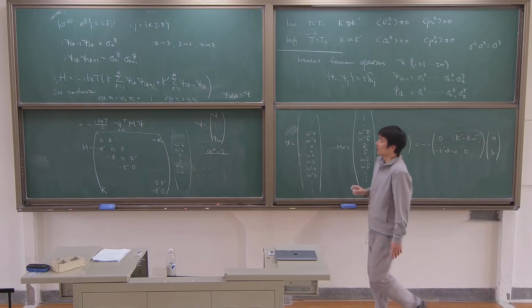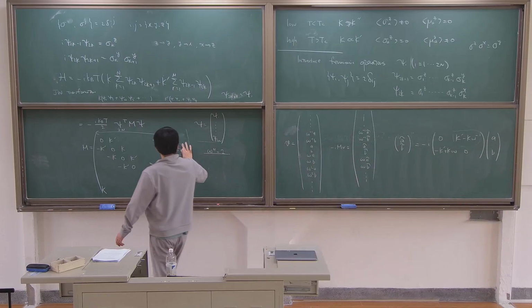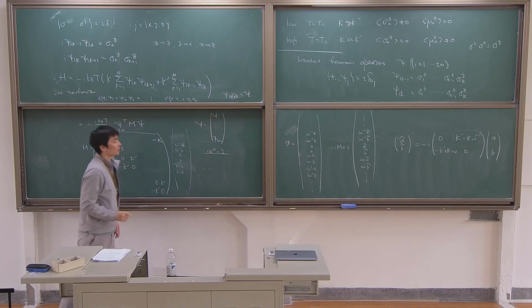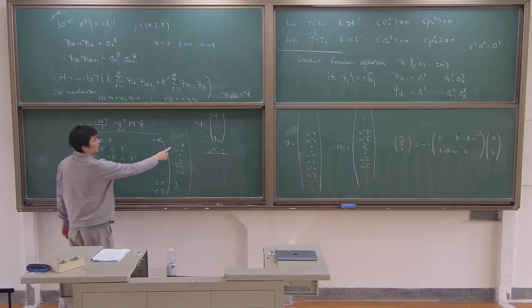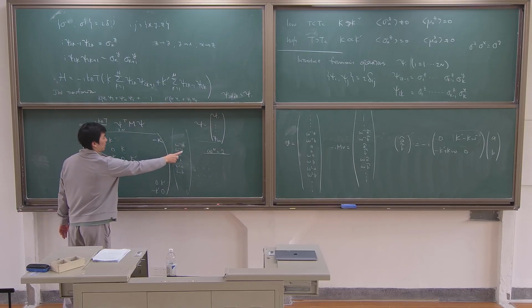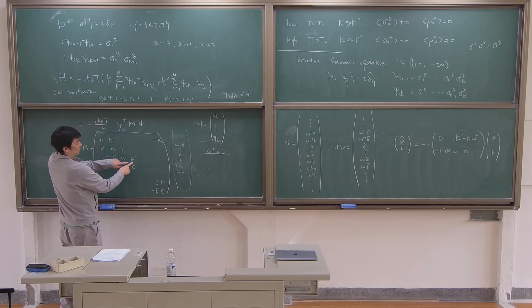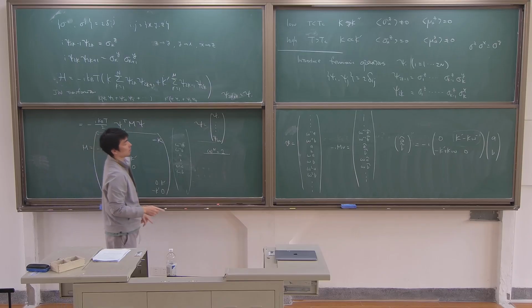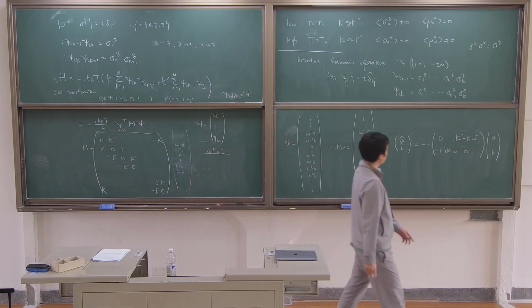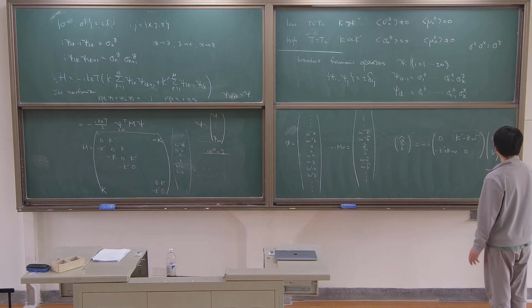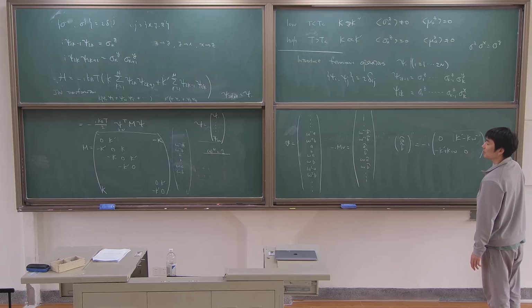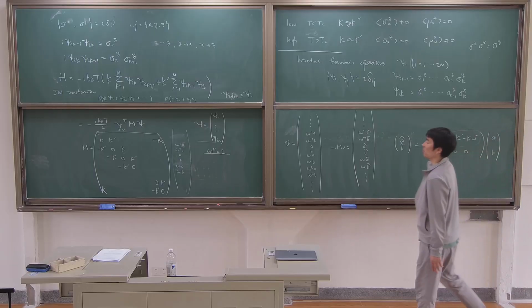Omega inverse A, sorry. If A hits K prime, omega inverse of A hits minus K. So it's opposite, sorry.